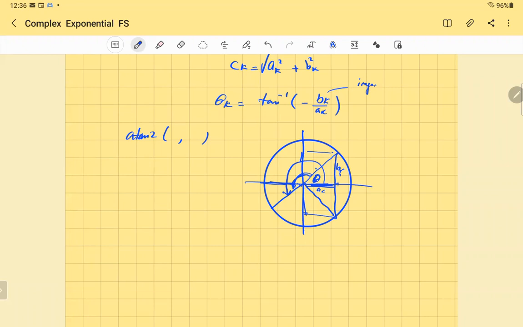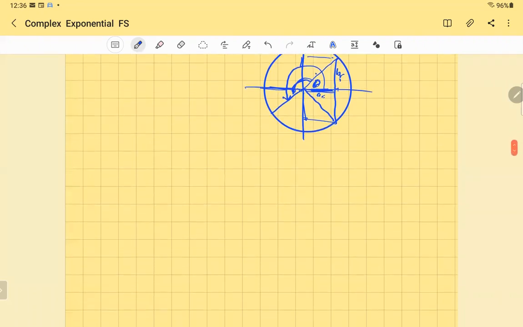I'm not asking for the angle even, I'm asking about the line spectrum. You will do both. You will have omega on the x-axis and the y-axis will be Ck, the magnitude that you just calculated. At 0, it means the DC component.